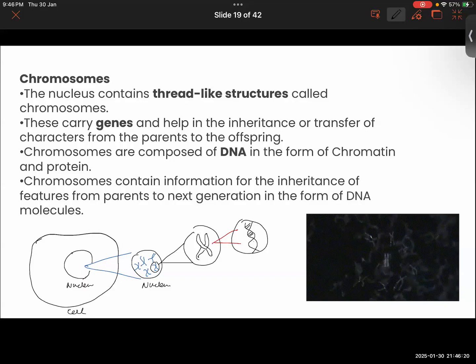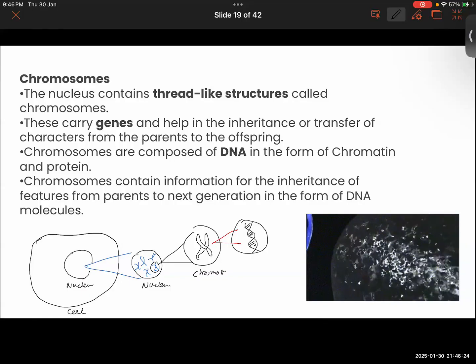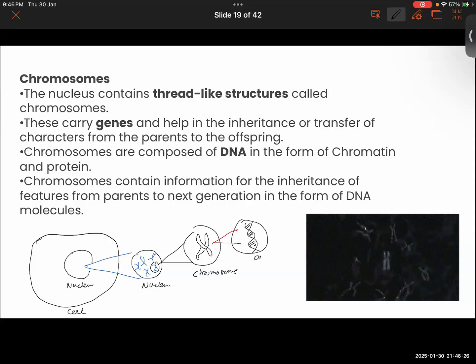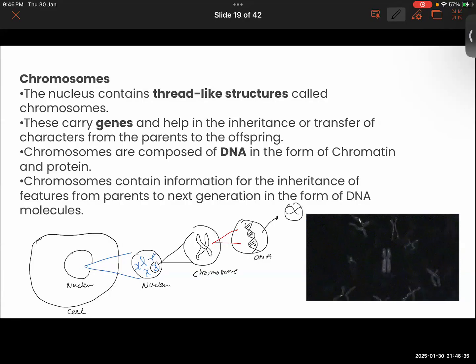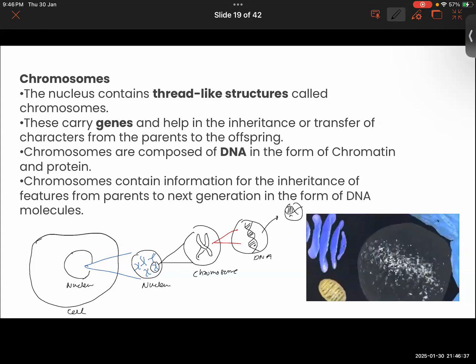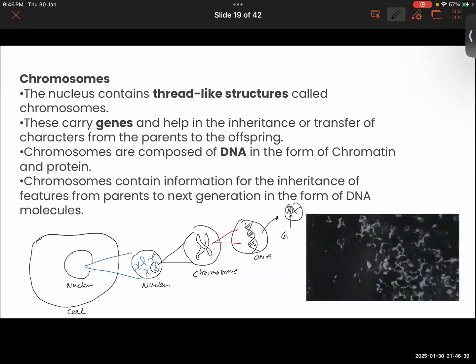So this was the chromosome, and this is the DNA. And further we find that the DNA contains genes in it. Getting it? These structures, these are the genes in it.